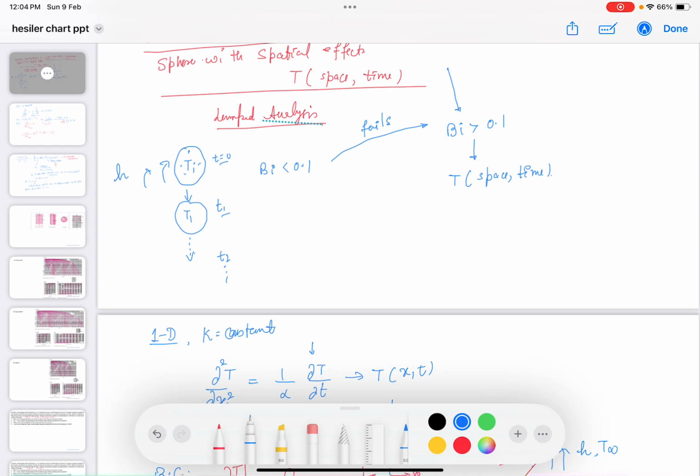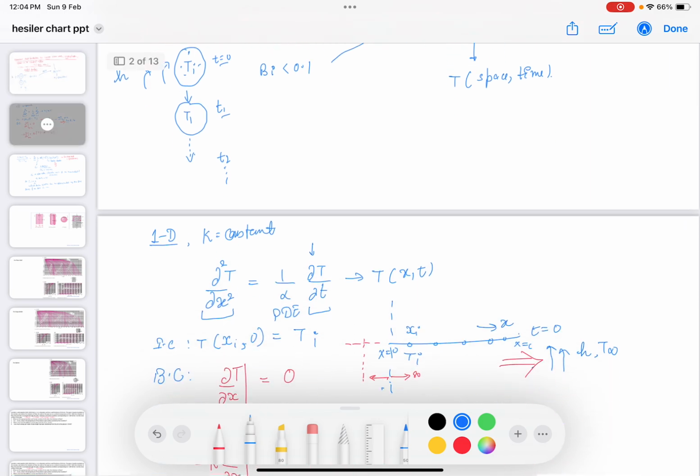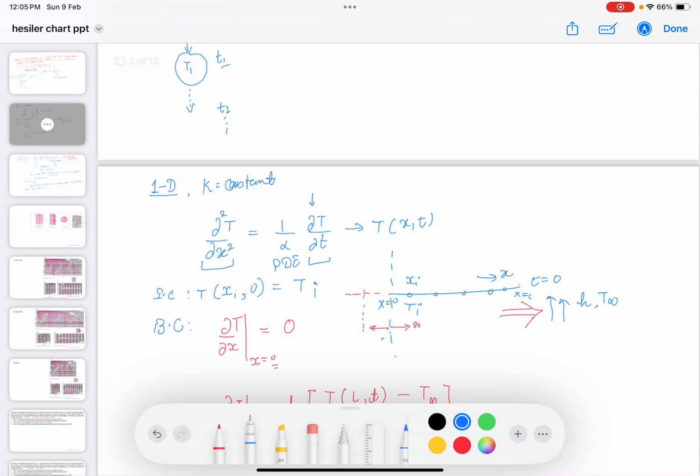So to begin with this analysis, consider a plane wall of total thickness 2L, and also a long cylinder and a sphere. But to give you the flavor of this analysis, let's just consider the large plane wall of total thickness 2L, and it has symmetry around this vertical axis.